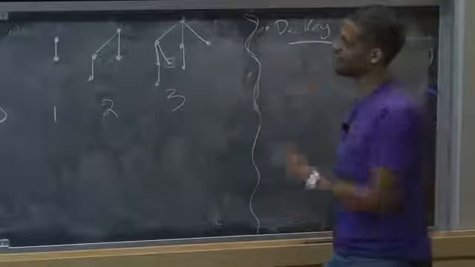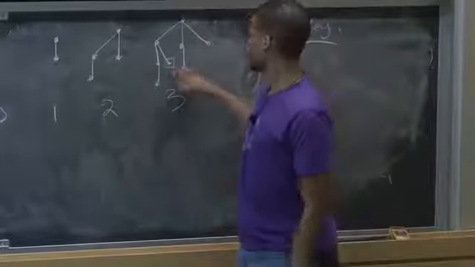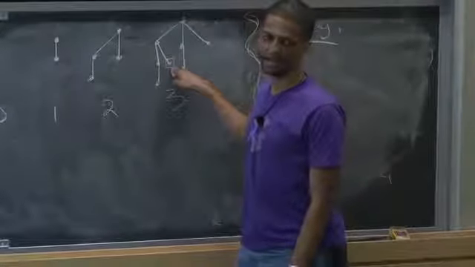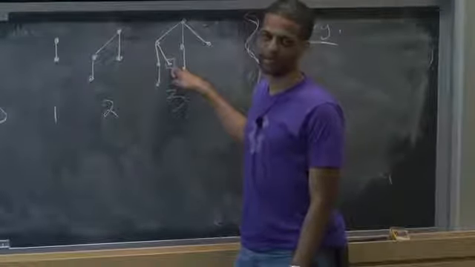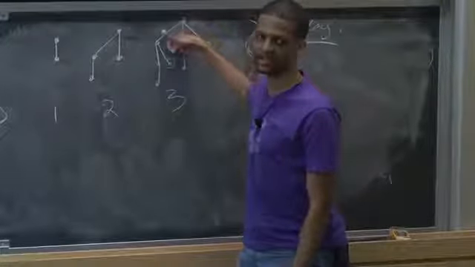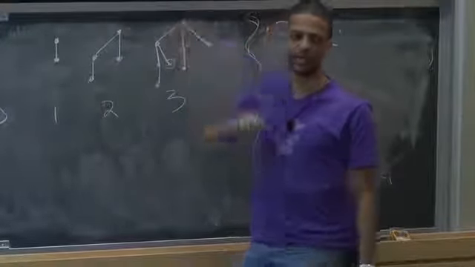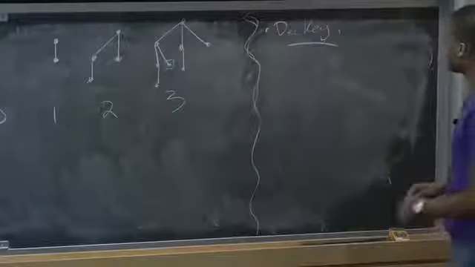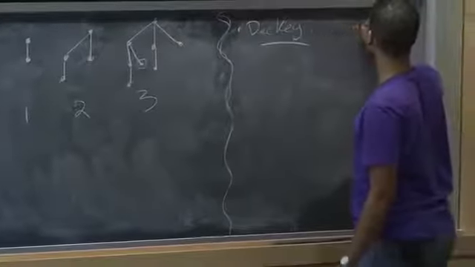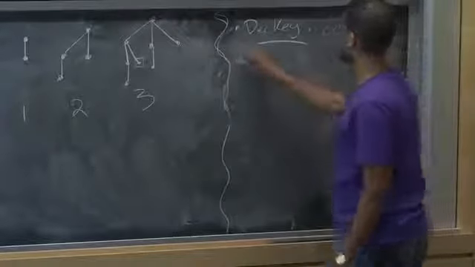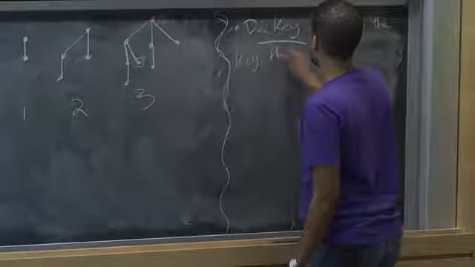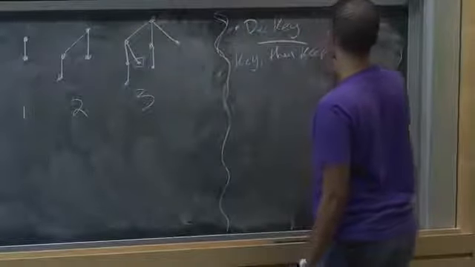We do the usual thing with binary heaps. We change its key, and now it might violate the heap order property. It might be smaller than its parent. If so, we swap it with its parent, and if it's still smaller, we swap it again, and we swap it up the tree until it's in the right place. So change the key, then keep swapping upward.